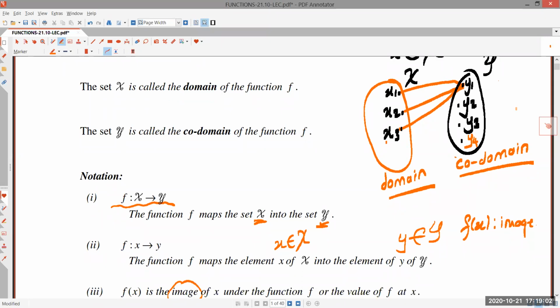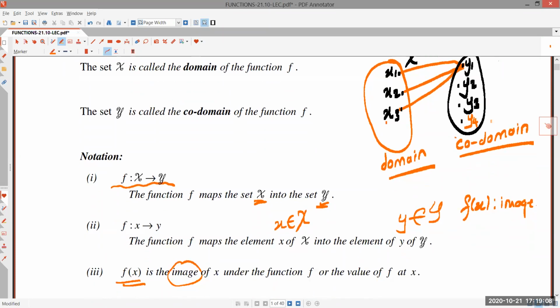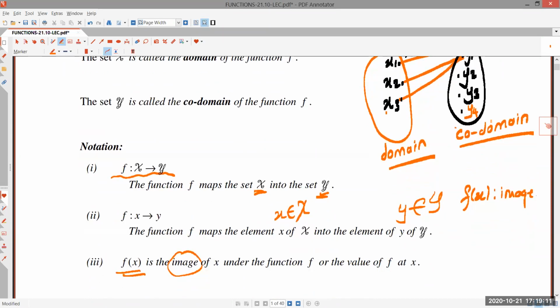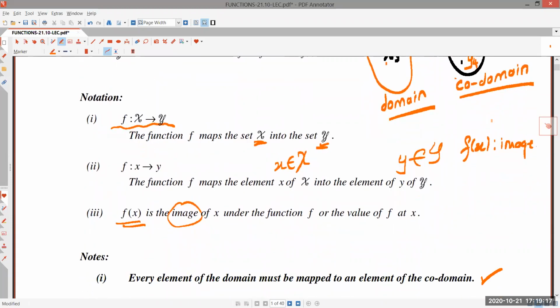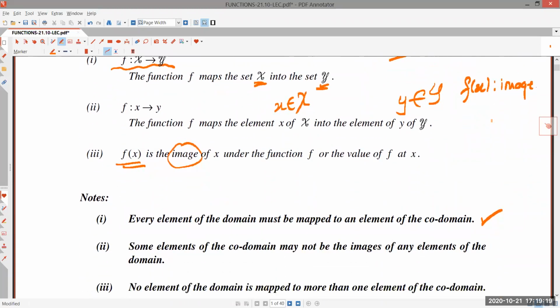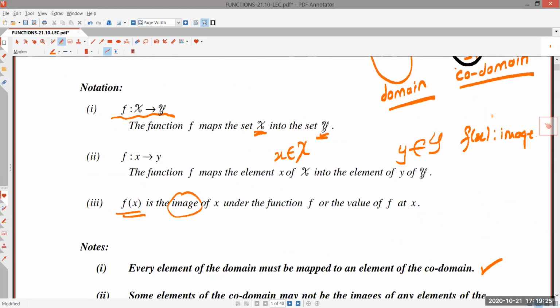Yes, it's y2, y3, and y4, they are not. But this doesn't cause any trouble with something being a function. And this indicates that no element of the domain is mapped to more than one element of the codomain. This is also important.